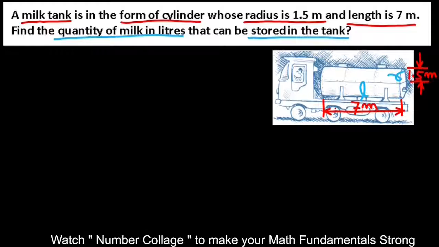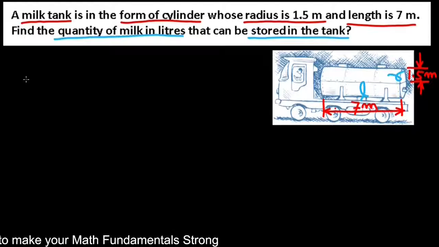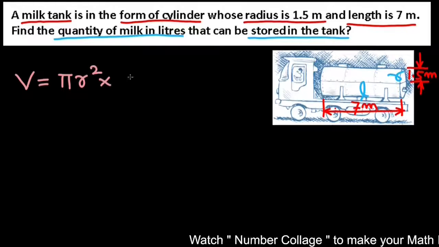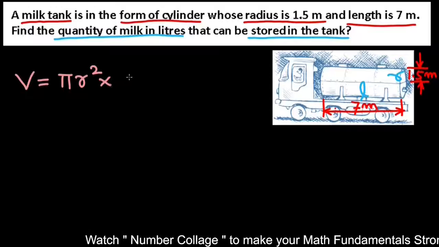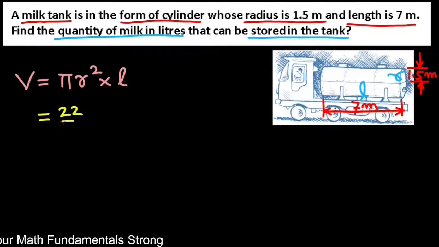We have to find the capacity of the tank, which is cylindrical in shape. So capacity is nothing but the volume. So capacity V of the cylindrical tank is volume of cylinder, which is pi r square multiplied by h, which in this case is L. So that will be 22 by 7, which is pi, multiplied by radius square, that is 1.5.